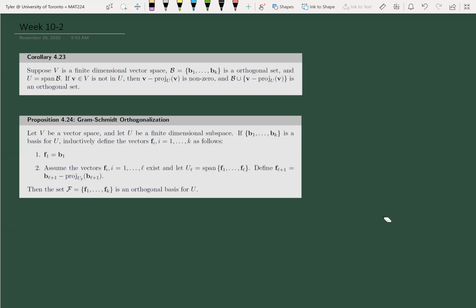Really the essence of this corollary is this part: that this is non-zero. We already know that if you have a span of a subspace and you compute v minus its projection, you'll get something which is orthogonal. But you're not guaranteed that what you get is non-zero because, well, 0 is orthogonal to everything. So that would have been a perfectly valid solution.